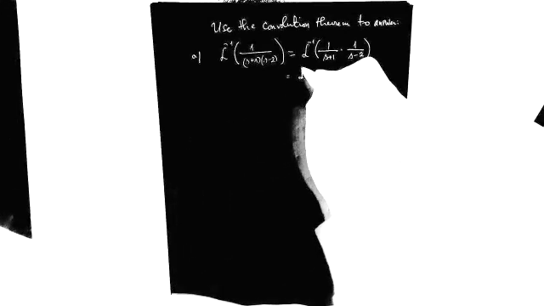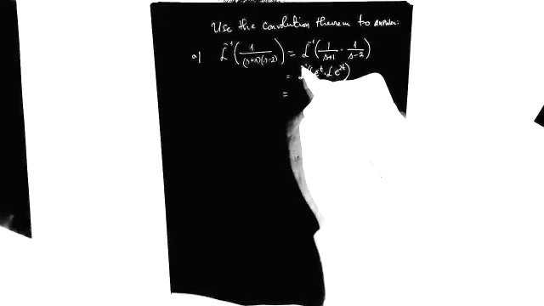It's going to be e to the negative t star e to the 2t. First, that's the step you need to show. And then this is a product of Laplace transforms.